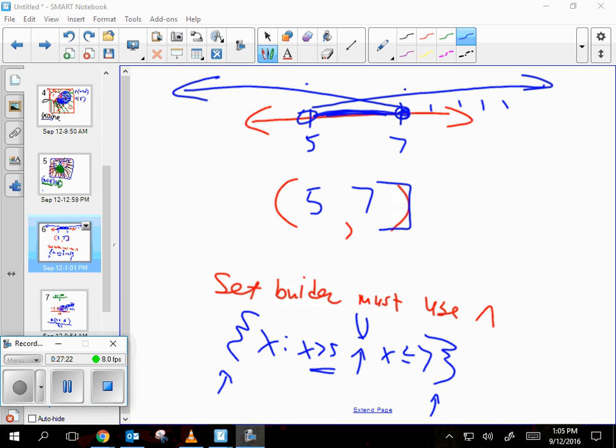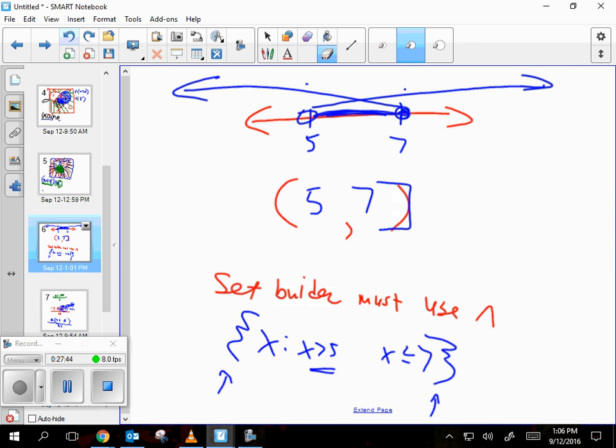That's why union would not be right. Because if I actually do a union symbol here, it would mean everything that got an invitation was the answer. So you'd have all of these shaded in this way and that way forever, and that's basically everything. And that's not what we wanted. We wanted only between 5 and 7, and therefore we did not want a union.